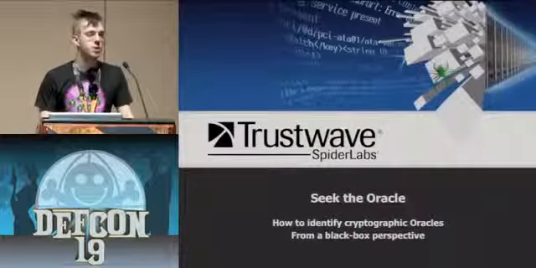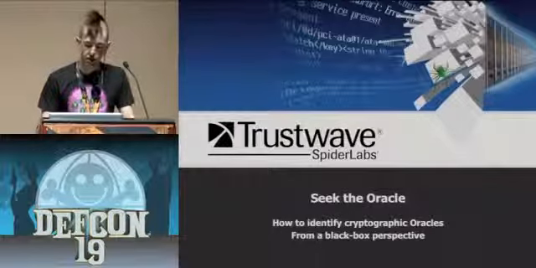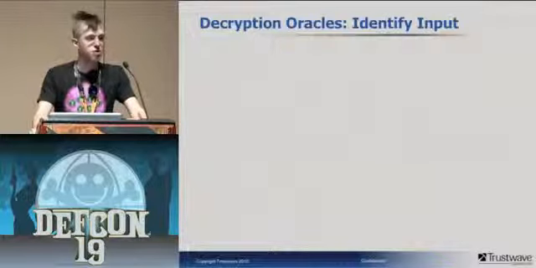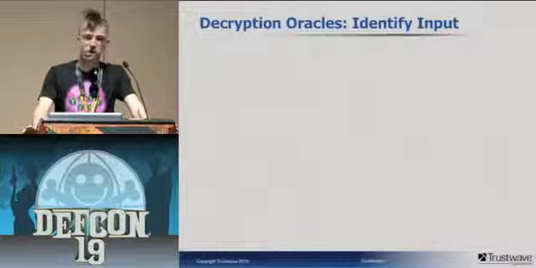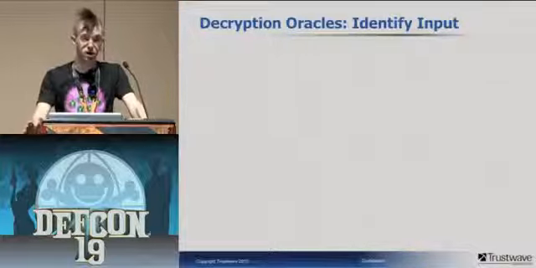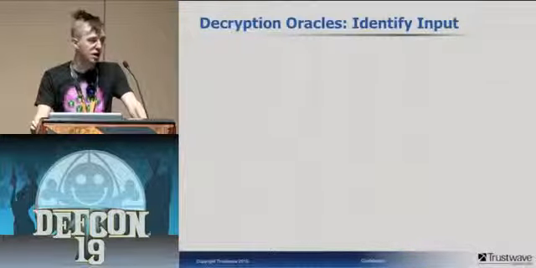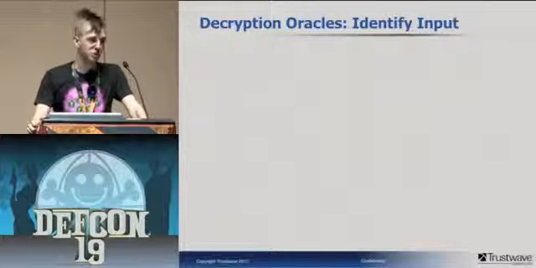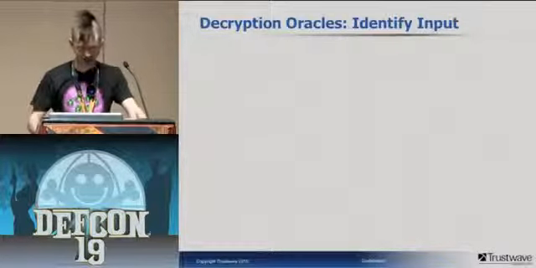So now let's talk about how you can find oracles in web applications. The first thing you're going to want to do is try to identify input. When identifying oracles, it's easier to identify encrypted data than data that's going to be encrypted, because how can we tell?